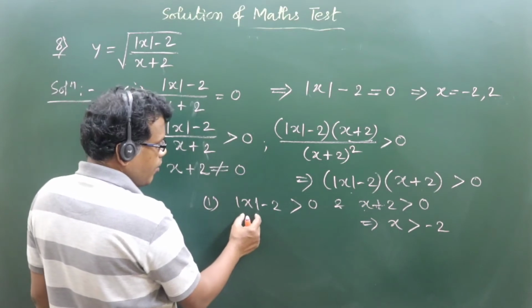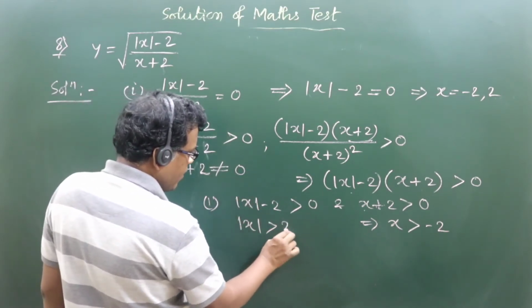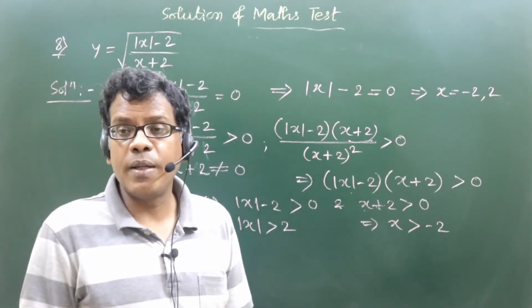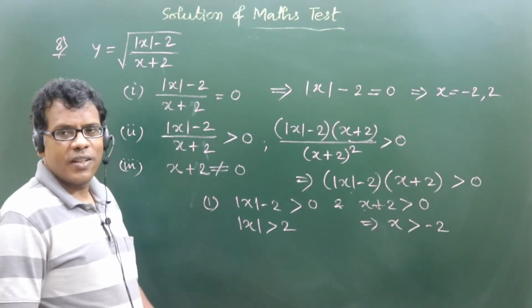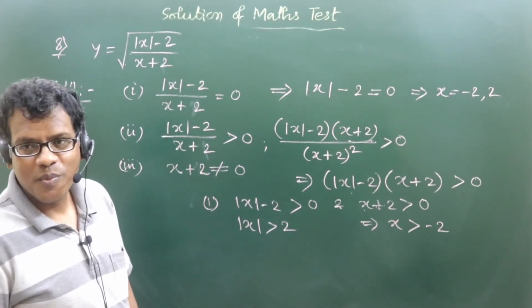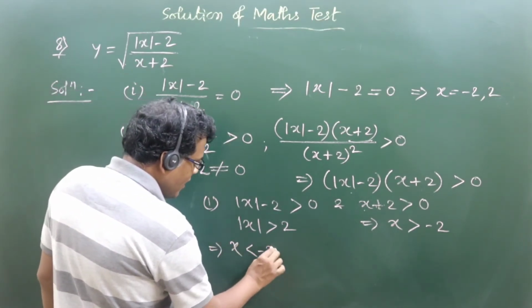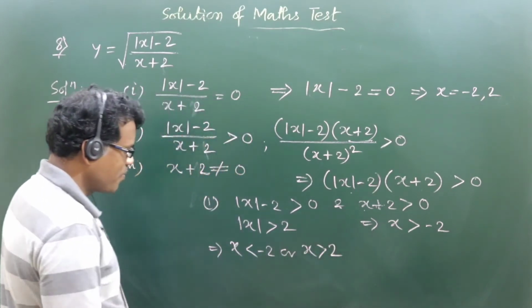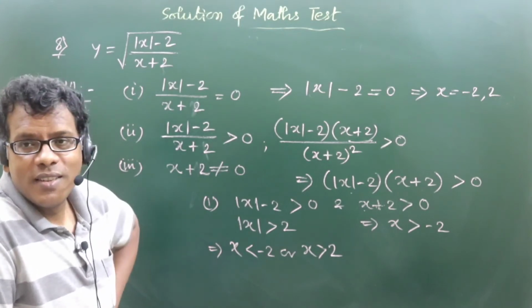So this can only be positive when mod of x is itself greater than 2. Under which condition can mod of x be greater than 2? Can you tell me? When x is less than minus 2 or x is greater than plus 2. Are you getting my point?